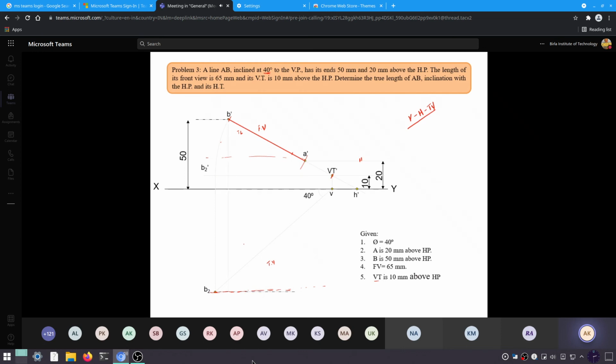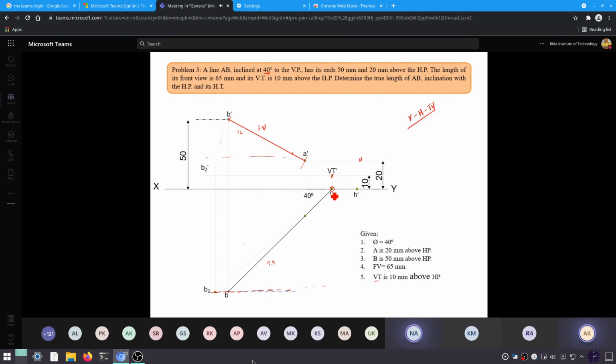Okay, so by this we get the locus of point B, and then we have used the hand projectors. Okay, so we know from V this line passes, means our top view passes from V. Okay, is this thing clear to you? Yes.